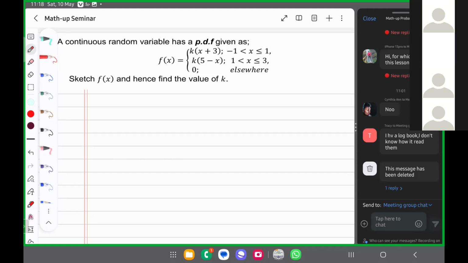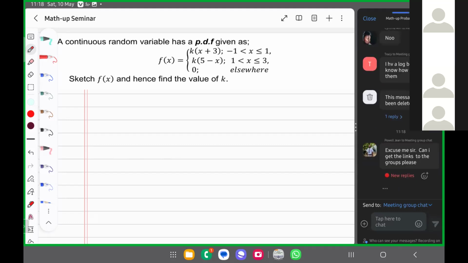So you have to first sketch and after use our sketch to find the value of k. Now the value of k can be found using two methods. It can be got from the graph or by integrating. Now this question has restricted us to one method, getting that value of k from the graph, because they're telling us to first sketch, and after sketching, we use that sketch to get the value of k.